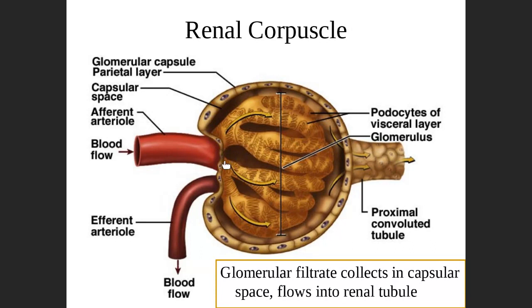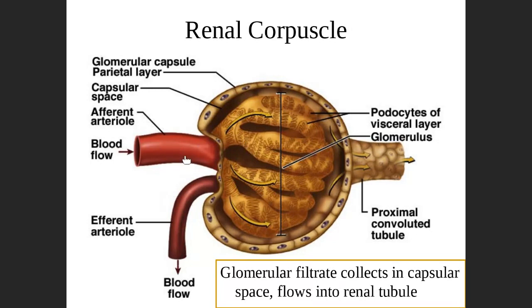The glomerulus has two blood vessels. The bigger one is known as the afferent arteriole that brings the blood into the glomerulus, and the blood drains from the glomerulus via the efferent arteriole, this one right here.